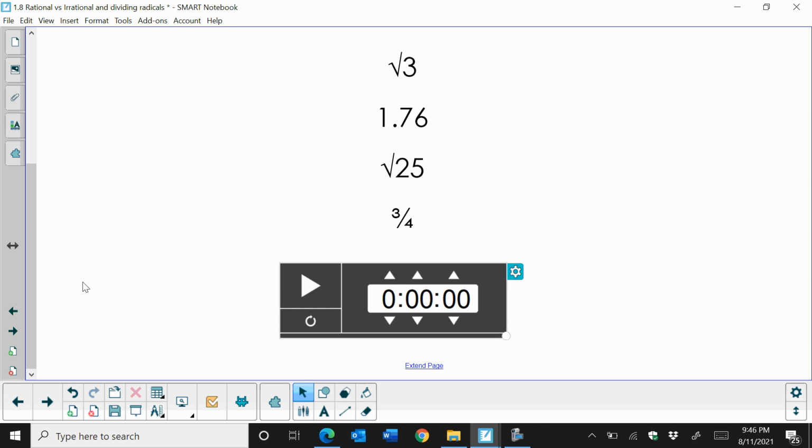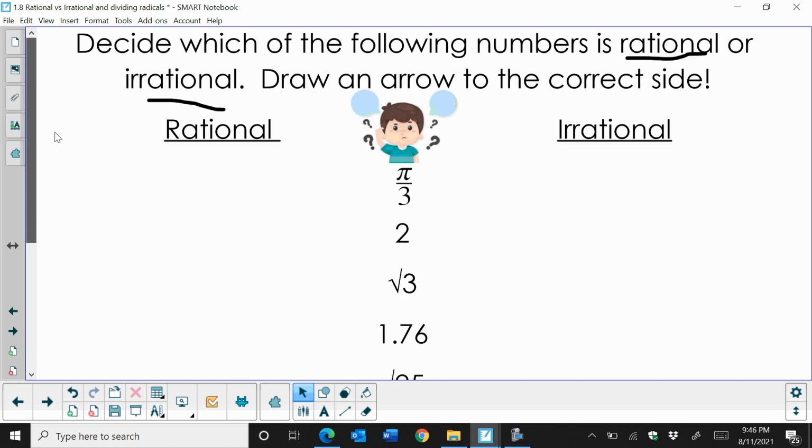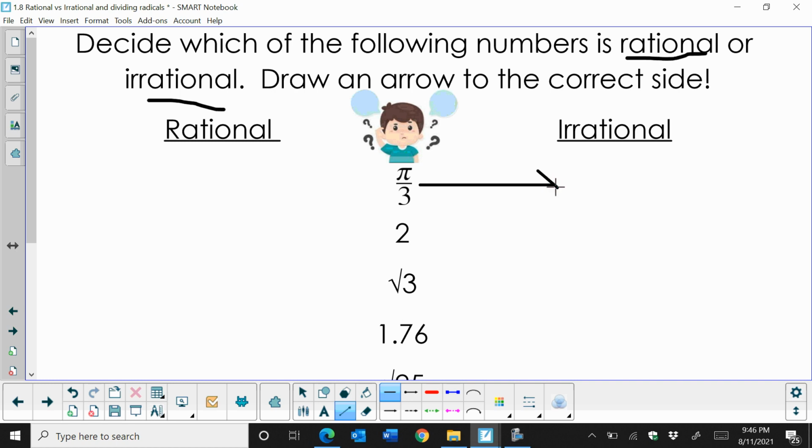And that's time. Okay, let's go up and check it. Okay, what do we think about pi over 3? Well, pi we know is irrational, and if we divide it by 3, it's still irrational. So that's an irrational number. 2 is just a whole number, and it doesn't even have a decimal or a fraction, so that one's an easy one.